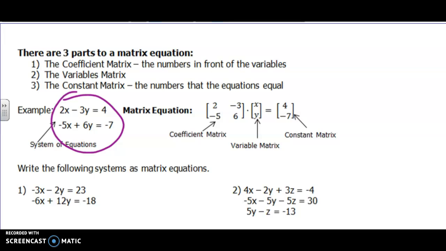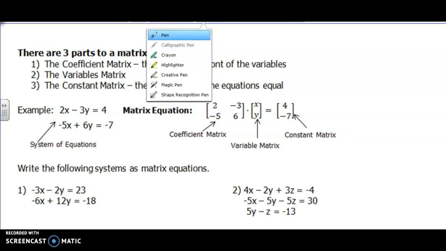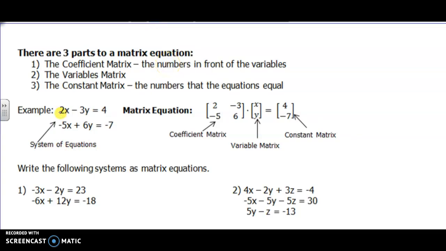So we have to separate this system as it's written right now, separate the coefficients. And the coefficients, if you are not sure, are the numbers in front of the variables. So I'm talking about the 2 and the -3 and the -5 and this +6 right here. So those numbers make their own matrix.